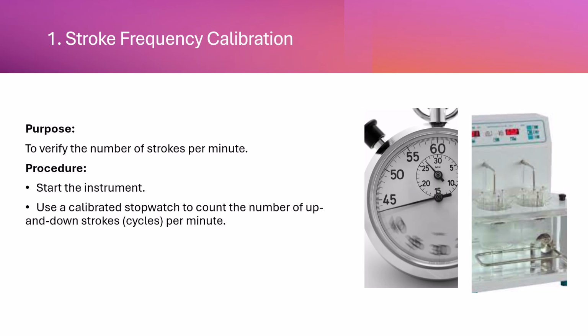Ensure the measurement is taken from a stable viewpoint to avoid parallax error during the visual counting, right? The acceptance criteria is that the observed stroke frequency must be within 29 to 32 cycles per minute as per USP 701 and other regulatory standards, right? So this is the acceptance criteria for stroke frequency calibration.